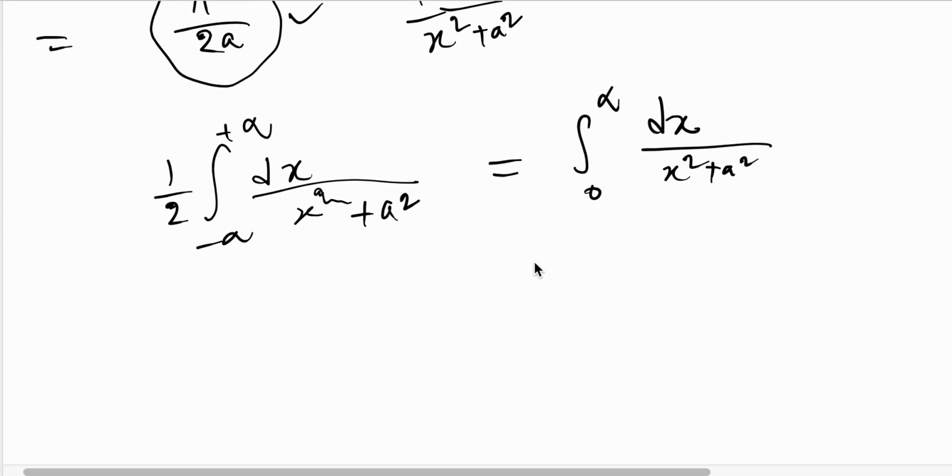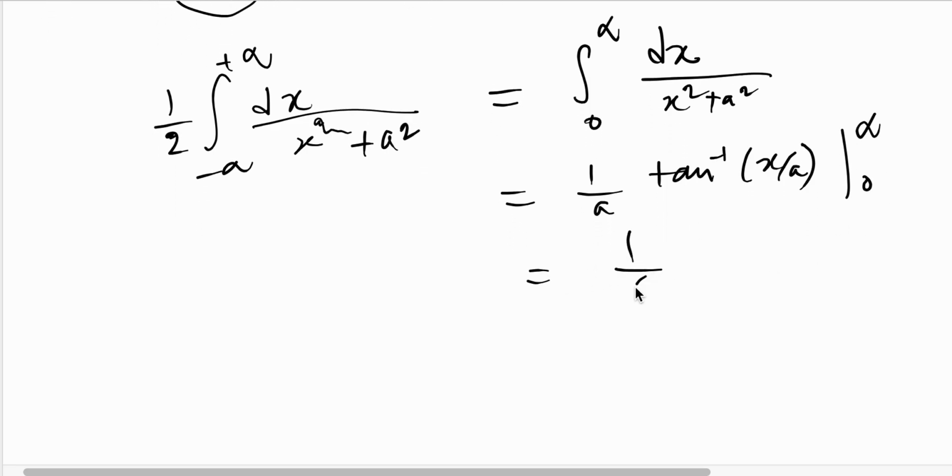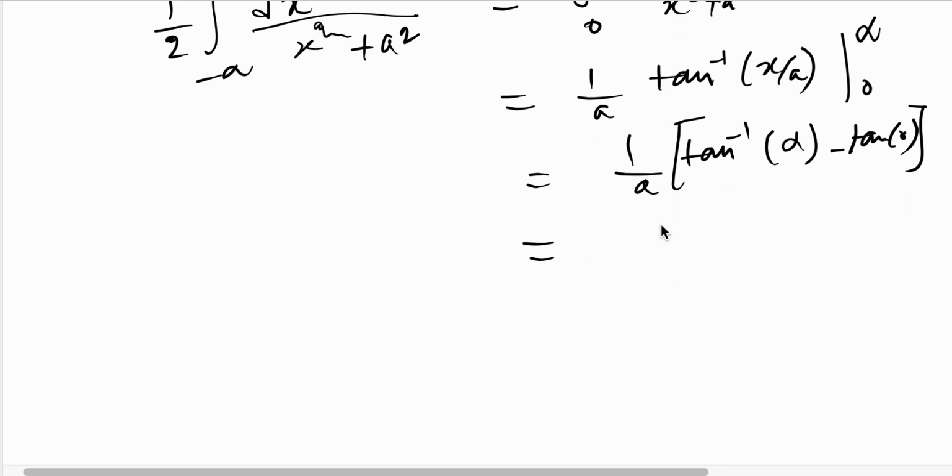And what is it? It is nothing but 1 by a tan inverse of x by a, limit 0 to infinity. If I put it there, that means 1 by a times tan inverse of infinity minus tan inverse of 0, and we know that tan inverse of infinity is nothing but pi by 2, that means pi by 2a.